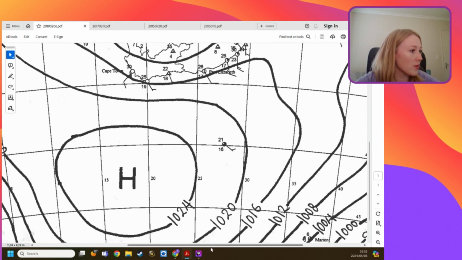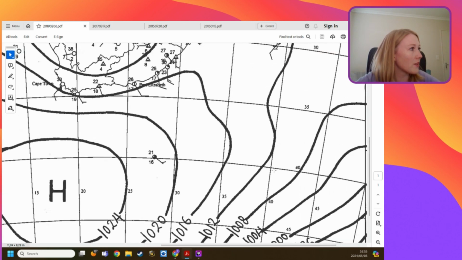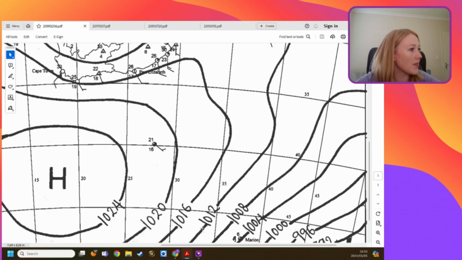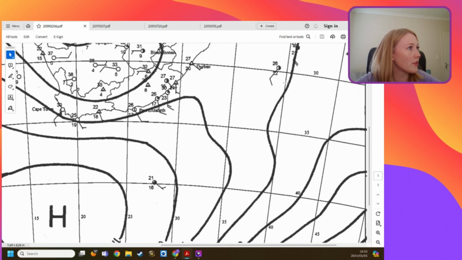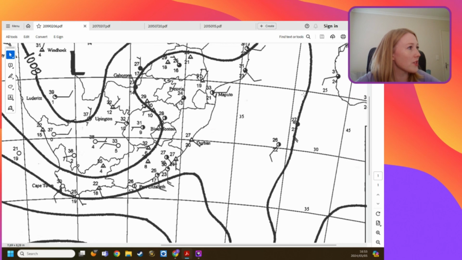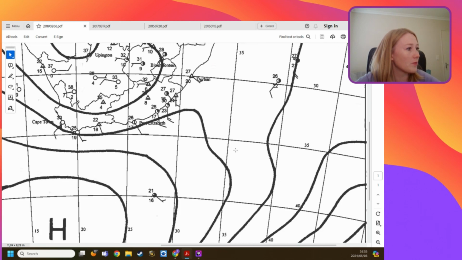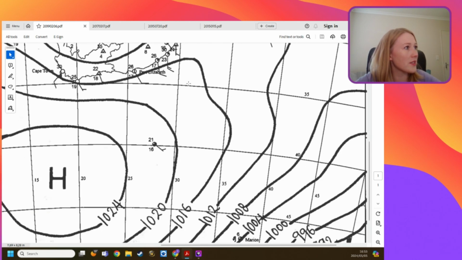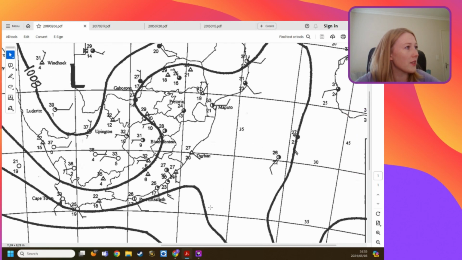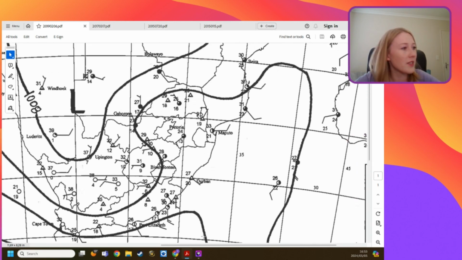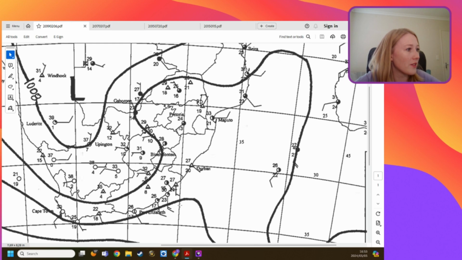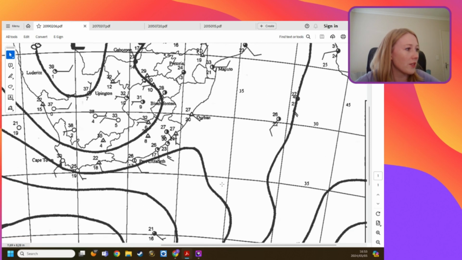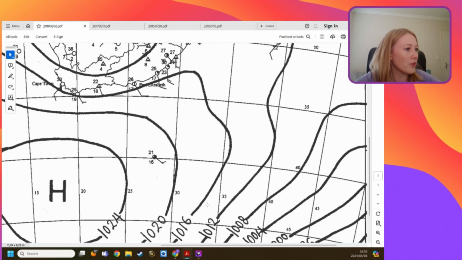Oh, wait, here are more lines with numbers. This is 1016. Okay, that's kind of helping. Oh, there we go, there are our values. So this line, you can see it traces all the way down to 1016.